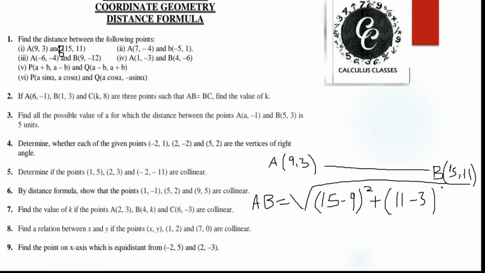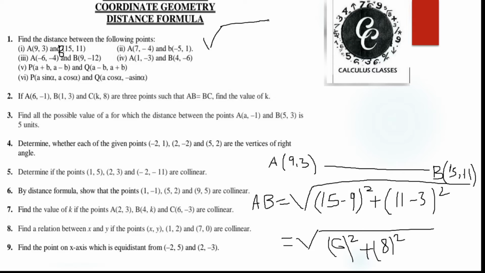I hope you are understanding. Then 15 minus 9, what will come? 6 will come, and the whole square of 6. And 11 minus 3, what will come? 8, whole square of 8. Square of 6 will be 36 and square of 8 is 64. 36 plus 64, what will come? 100.